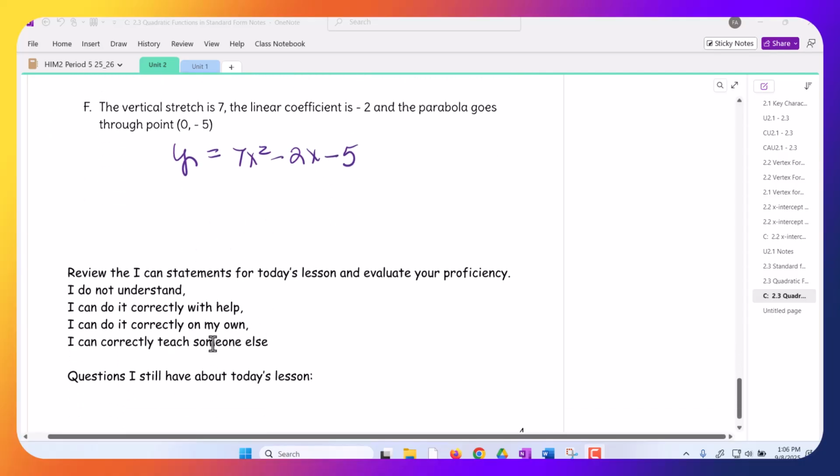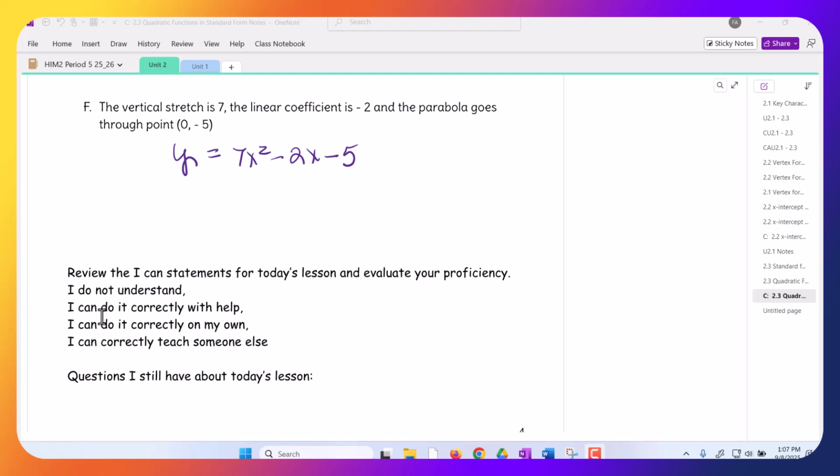Go ahead and kind of gauge your proficiency with respect to our I can statements. I can graph a quadratic function in standard form. I can get an extreme value from a quadratic function in standard form, and I can write a quadratic function in standard form given key characteristics.